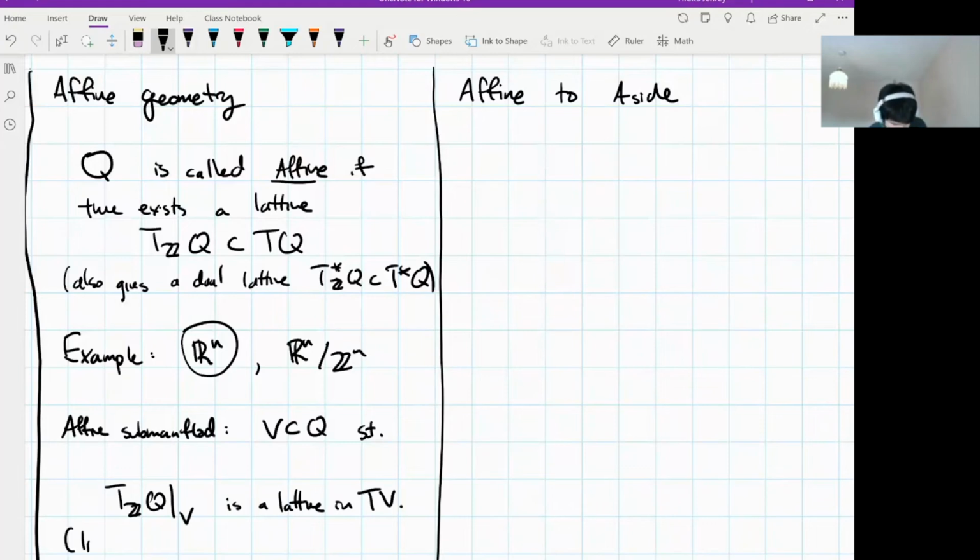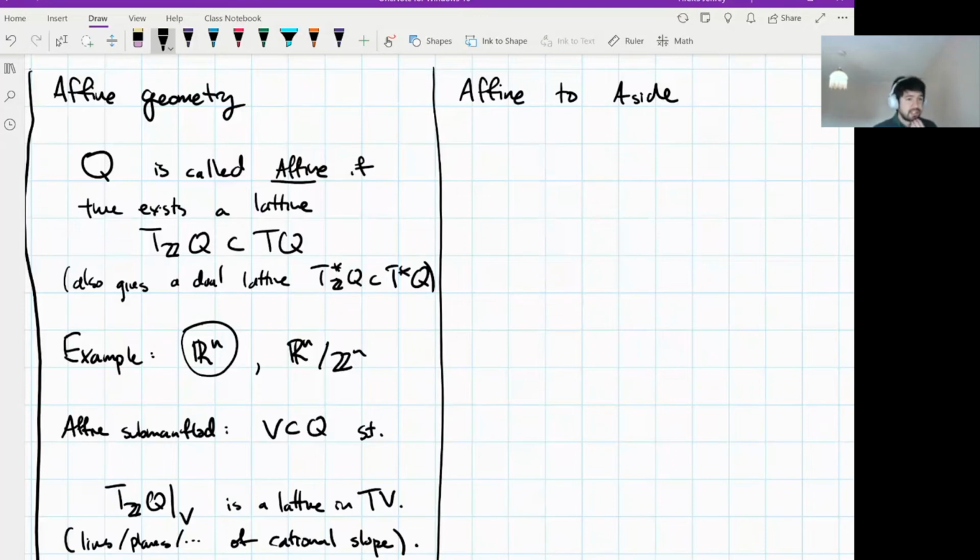Okay, so these are lines, planes, and other things of rational slope. So it's a very, very rigid form of geometry.